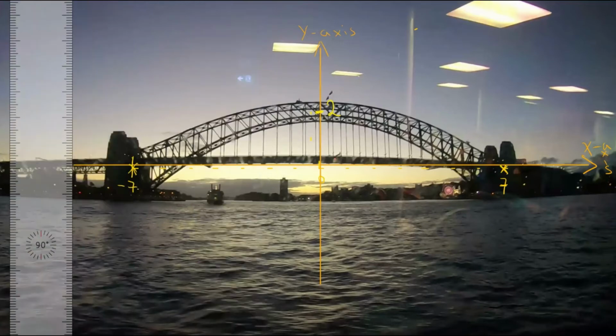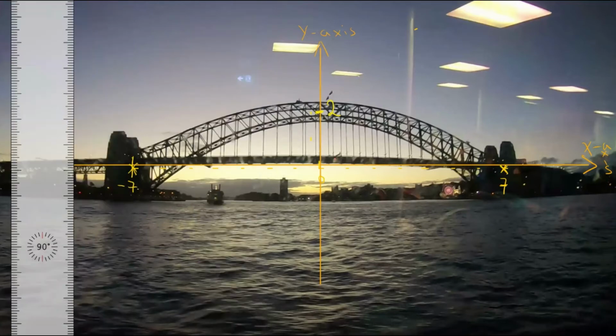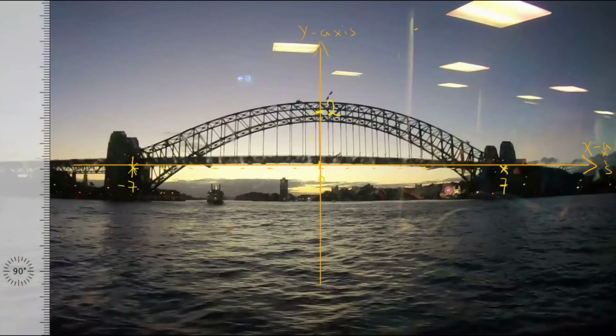All right, so the 3 points that we know are the following. One is -7, 0. This is the Cartesian form, so the x and the y.